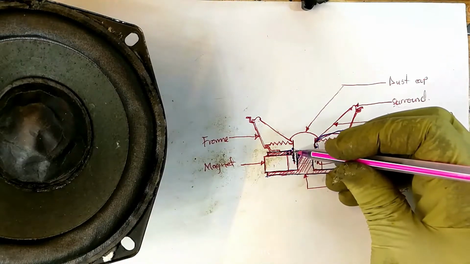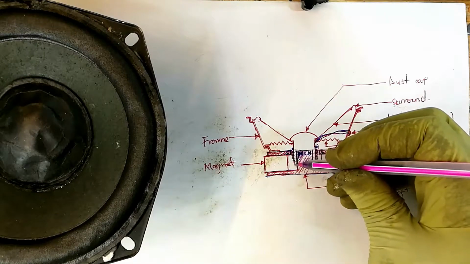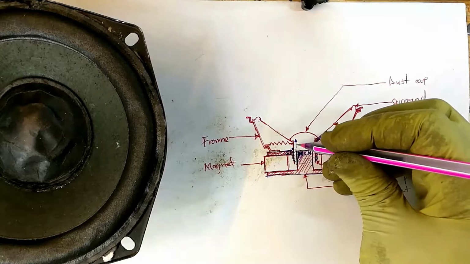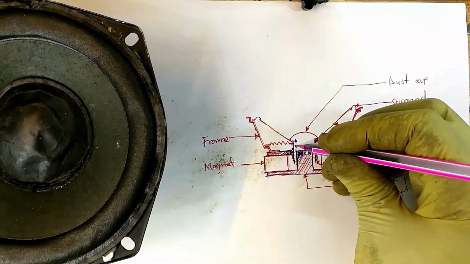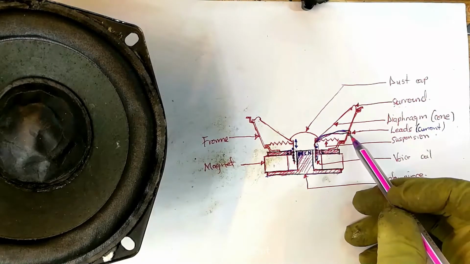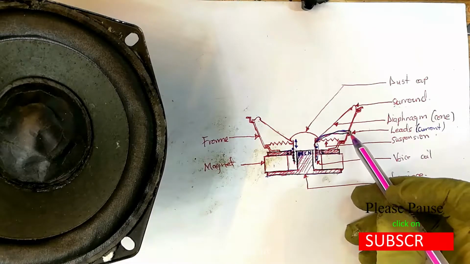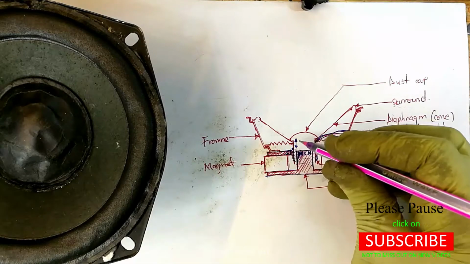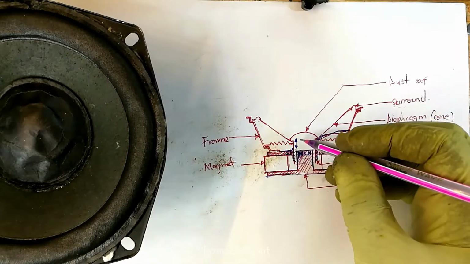Now this will move up and down, depending on the direction of the current that is flowing. So since sound is delivered as an alternating current, this vibrates to and fro.